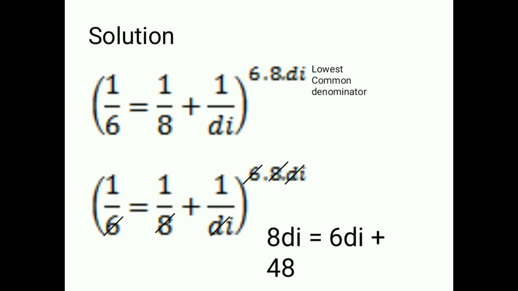Now, to solve the problem, we're going to find the lowest common denominator. In this equation, we're going to use 6 times 8 times DI to find the solution, and multiply each fraction in parentheses.